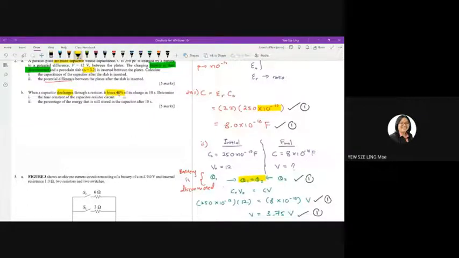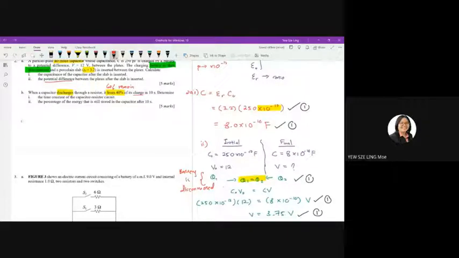Loses 40% means that you have 60% remaining in the capacitor. So it loses 40% of its charge in 10 seconds. So you're looking at the charge in a discharging process.